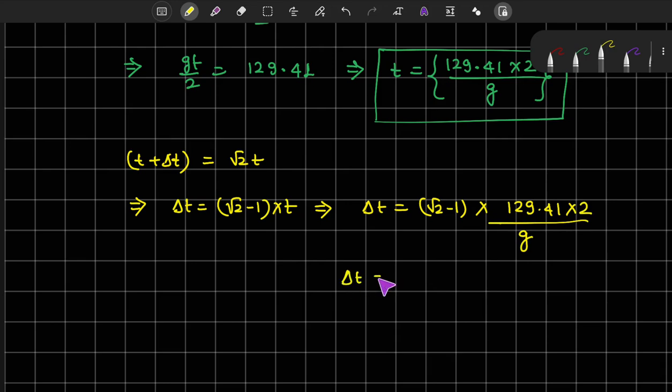Dividing by 9.81, we get 10.93 seconds. So this is the value of the time difference we got here.